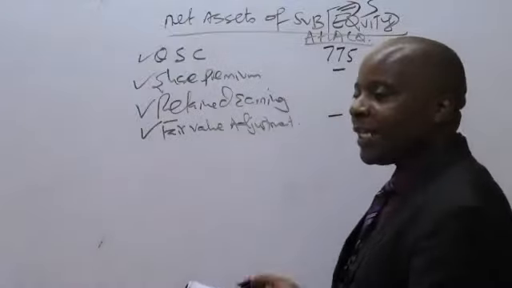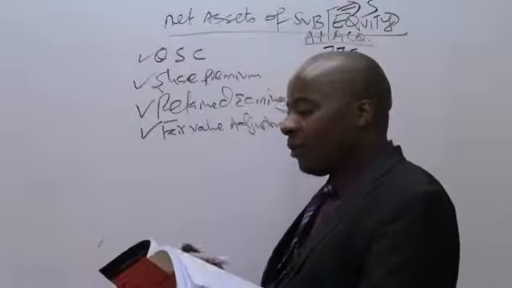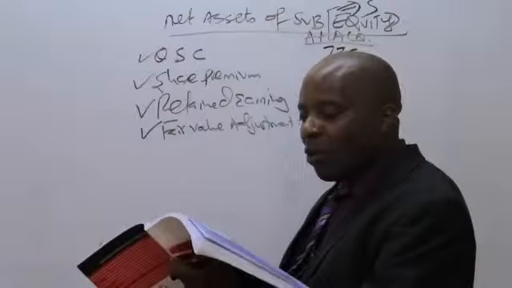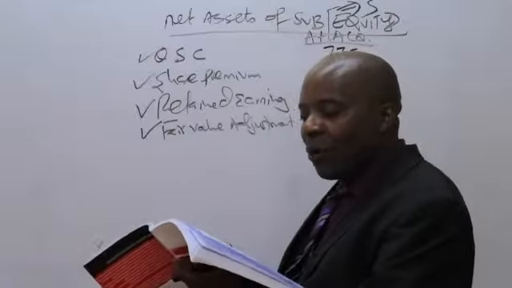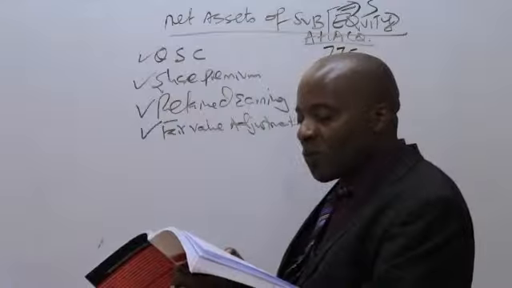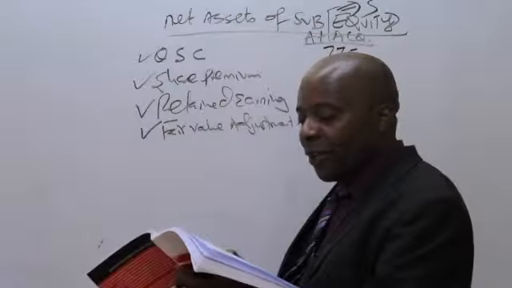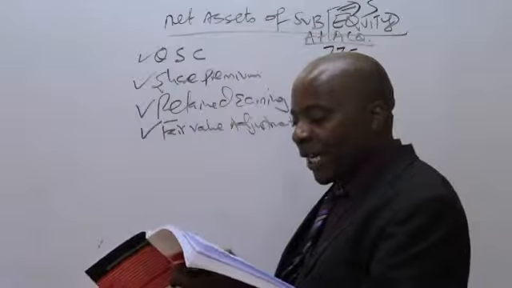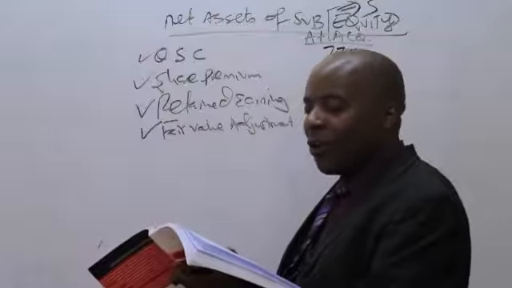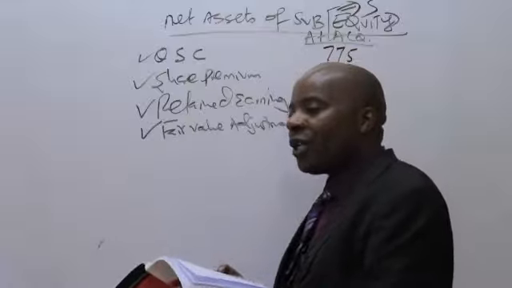Lakini tulikuwa na retained earnings at acquisition. Are you able to see the retained earnings at acquisition? Kuna mahali wamekuambia kwa additional information that S Limited's net assets had a fair value of shillings 1400 as at 1st April 2016, represented by equity share capital of 775 and retained earnings of 625.